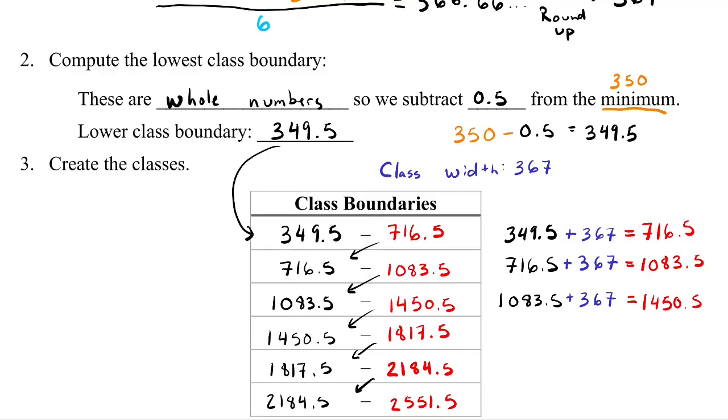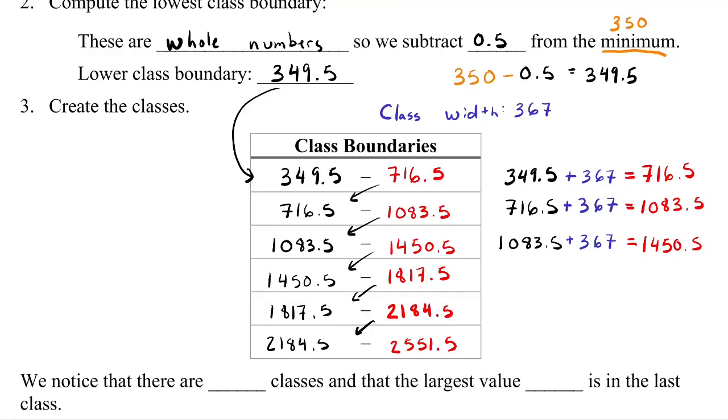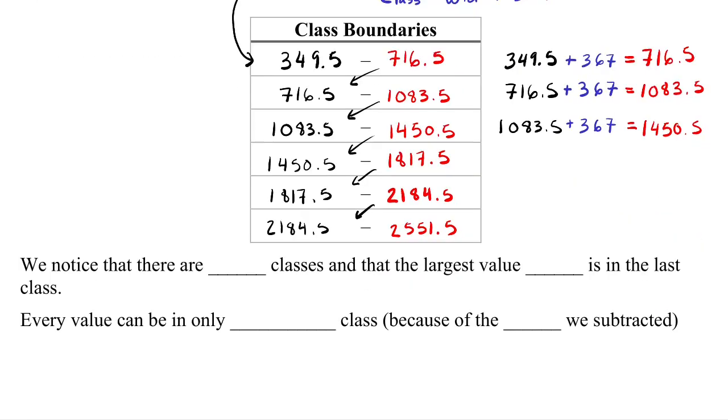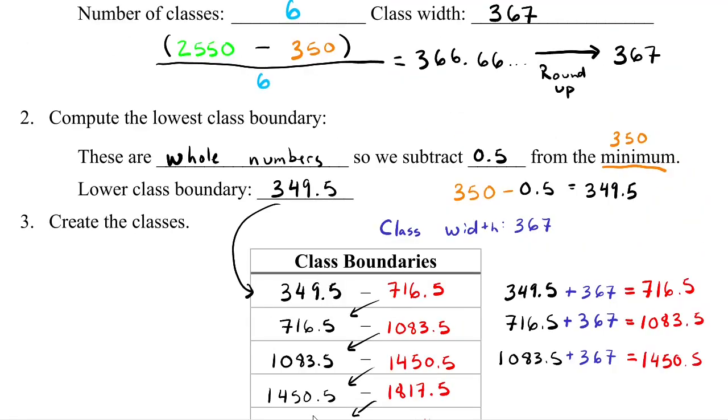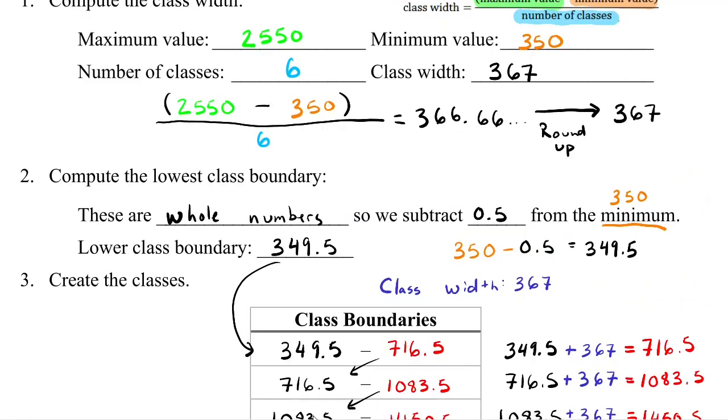Okay, so we have our class boundaries. And at this point, we want to do a reality check. We got 6 classes, which is what we asked for. And our largest value, looking back, we saw our maximum was 2550.